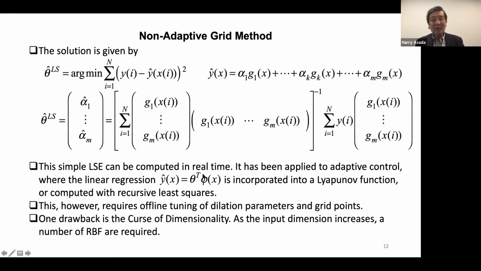So that kind of thing has been done. I know this method, radial basis function with the grid method, is very simple and is being used quite extensively.